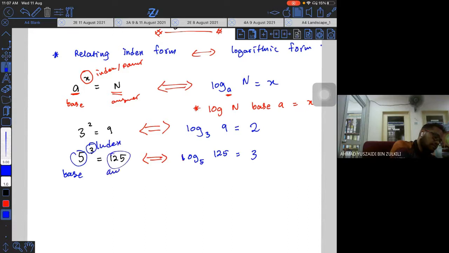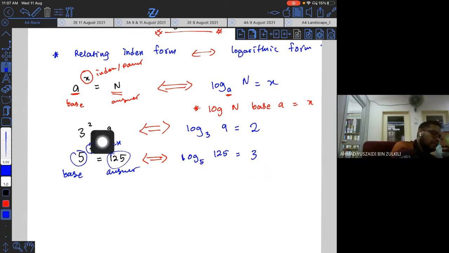So to change it, remember the position: log, the base stays the same at the bottom, just this time it equals the index. So the answer should be inside, on the left hand side. Okay, log 125 base 5 equal to 3.